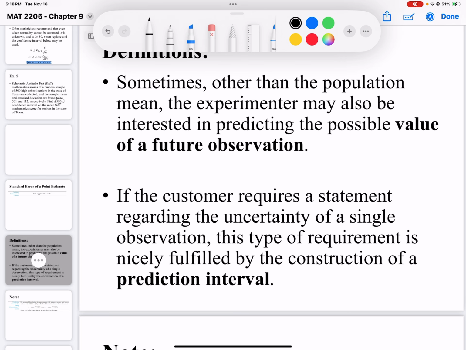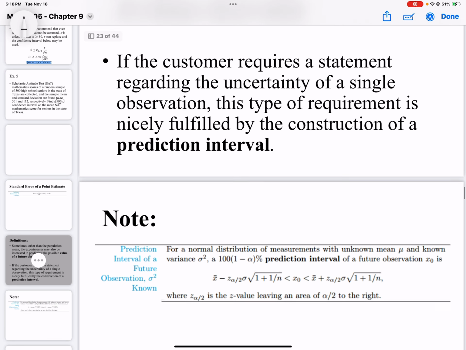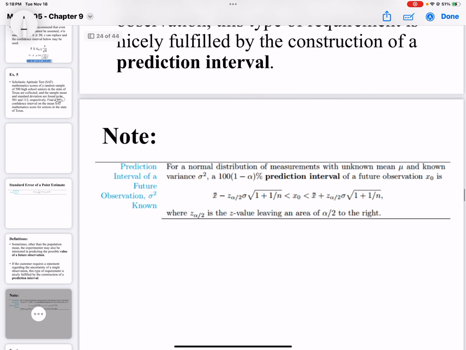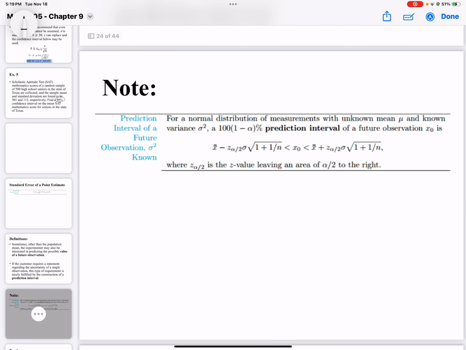All right, so sometimes other than the population mean, the experimenter may also be interested in predicting values. What is the possible future value of an observation? Well, when that is being asked, then we construct a prediction interval. Now, when you receive all of the formulas, they will either directly be with the question that you're being asked or they will be labeled.